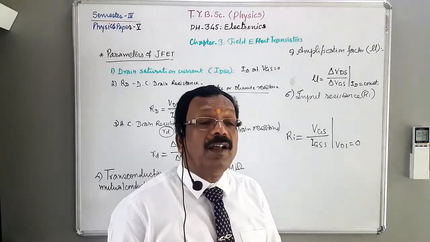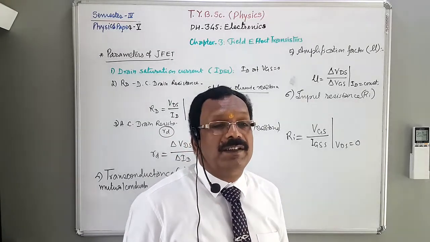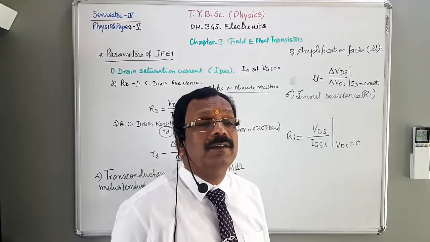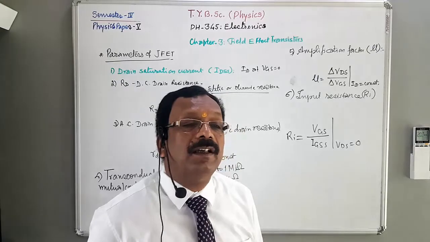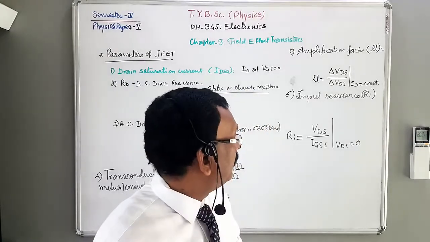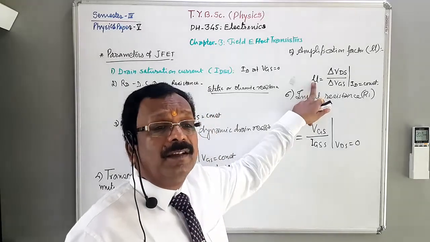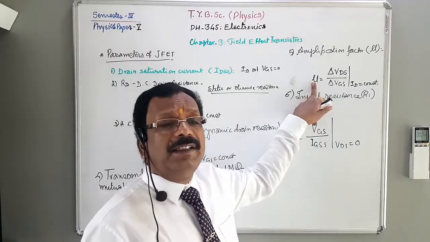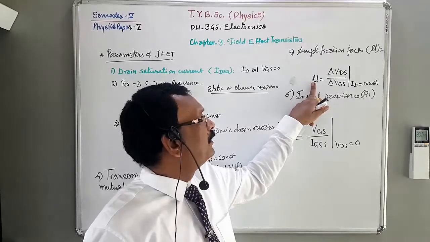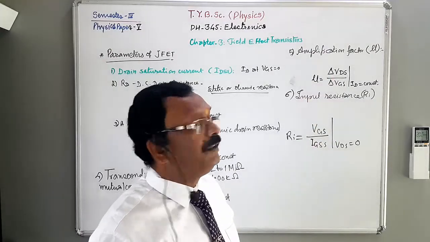Okay. Now, we are going to see the important relation among the FET parameters. We know that the relationship among FET parameters can be established like this. We know that mu is equal to change in VDS upon change in VGS.